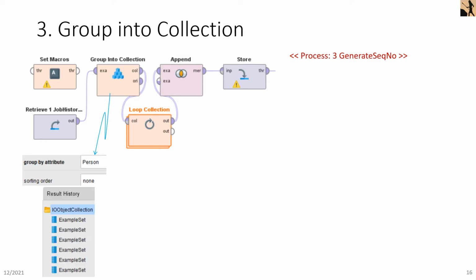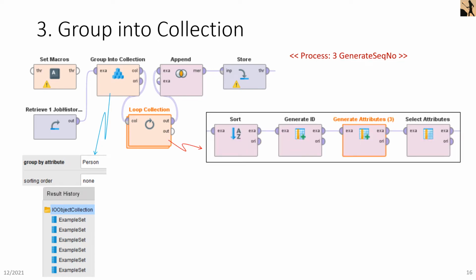Immediately, the operator will split all these 24 records into 6 example sets, right? And the loop collection will iteratively take one example set at a time to let you operate a sequence of whatever inside flow, right?